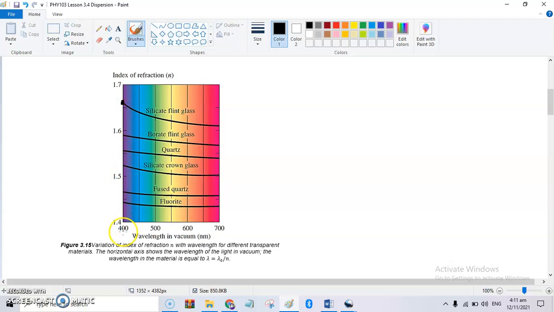When the wavelength in vacuum is 450, like in this line, the index of refraction n of the silicate flint glass is somewhere in here, and that could be 1.65. It's halfway, so 1.65. So this could be 1.64.